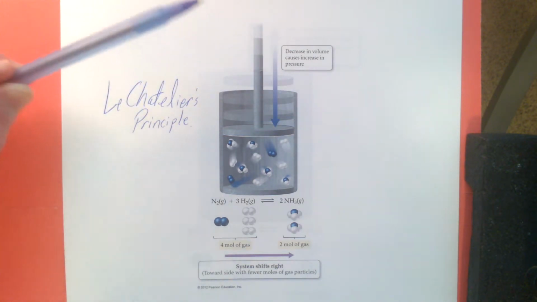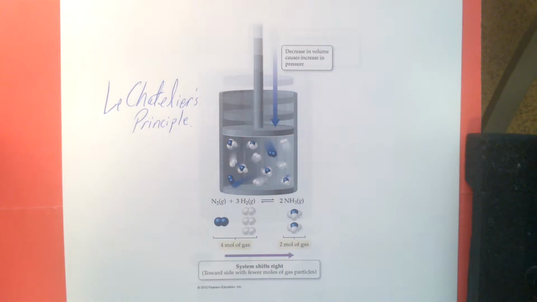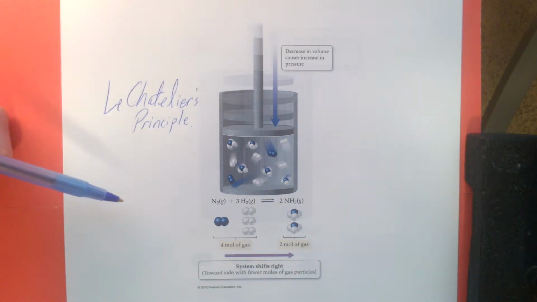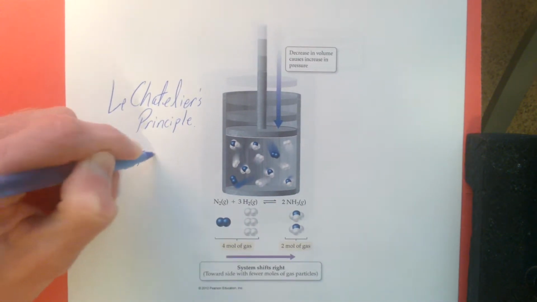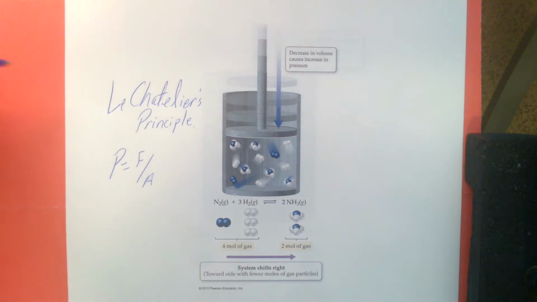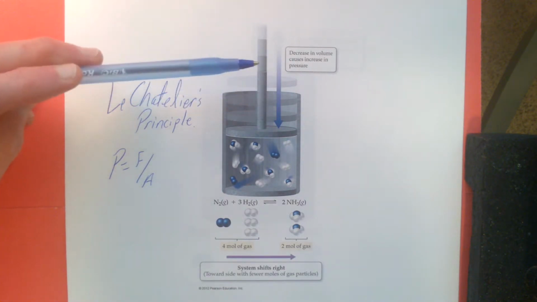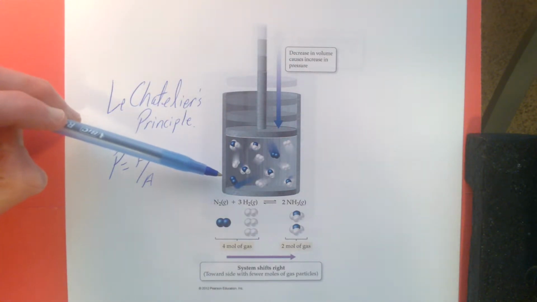With a smaller space to occupy, there's going to be an increase in collisions between those gas molecules. An increase in collisions results in an increase in pressure, because remember that pressure is equal to force divided by area. It is a measurement of the force of collisions over a particular area of space. So as we decrease the volume, we increase the pressure.